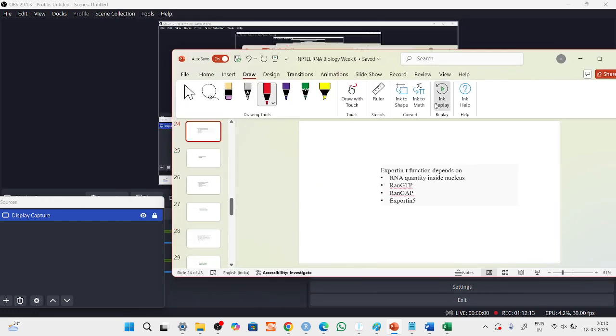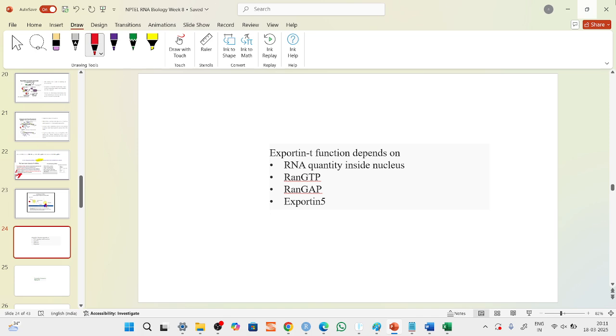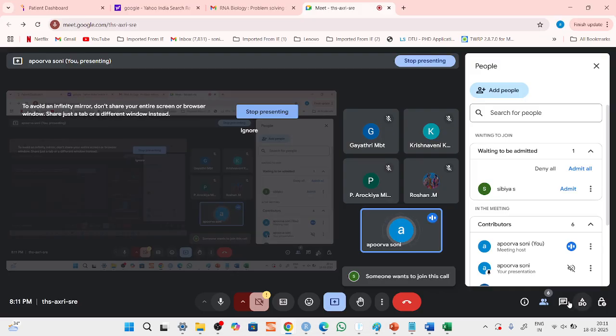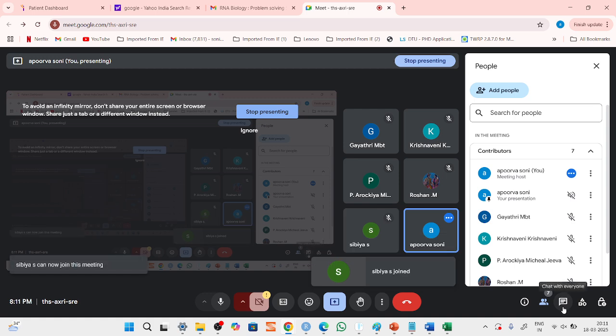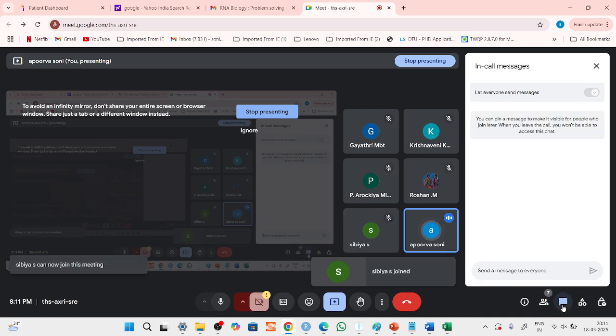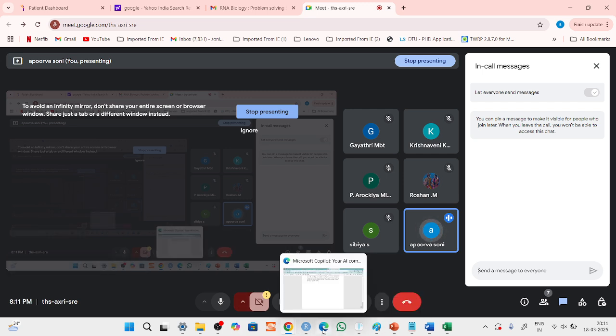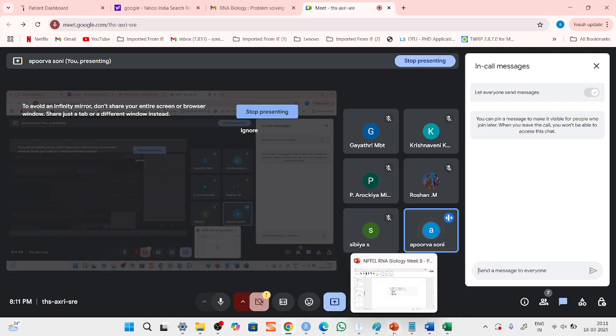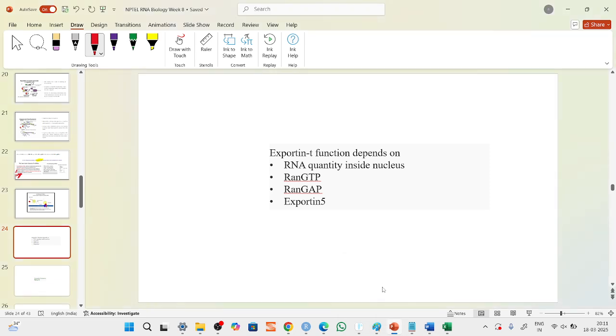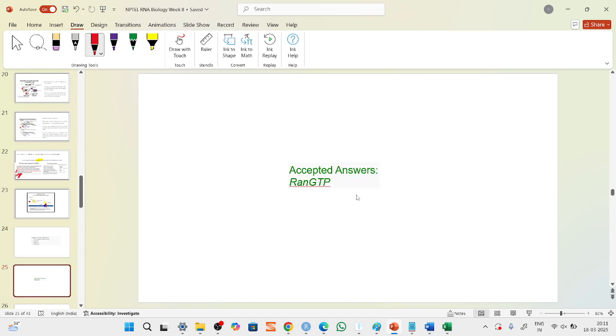Whether you have answered something or not, if you know the answer, you can just type the answer in the message box, okay? So, nobody has typed anything. Couldn't you understand this? This was something which we dealt with in the previous class. So, okay, the correct answer is RAN GTP.